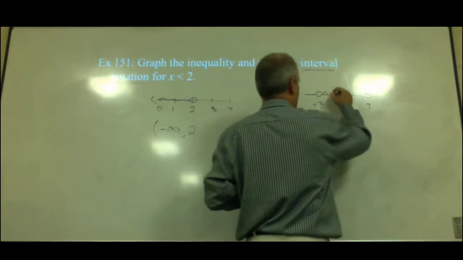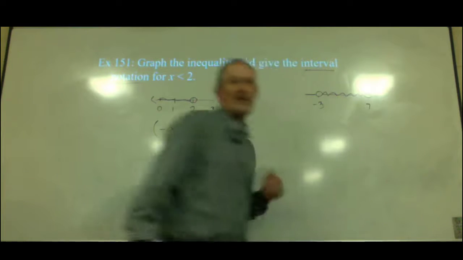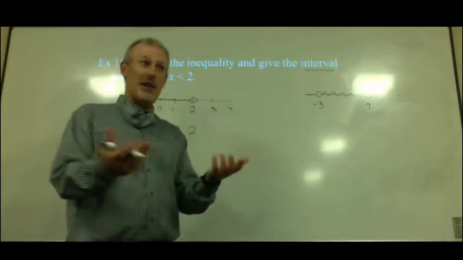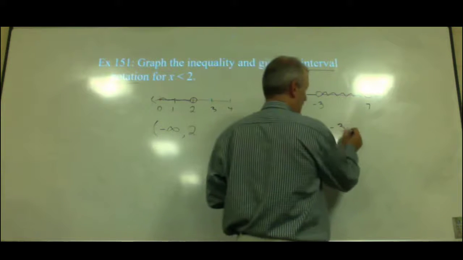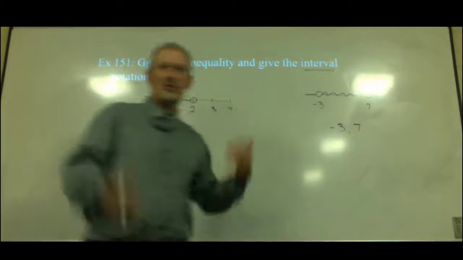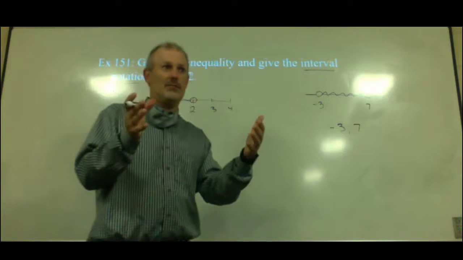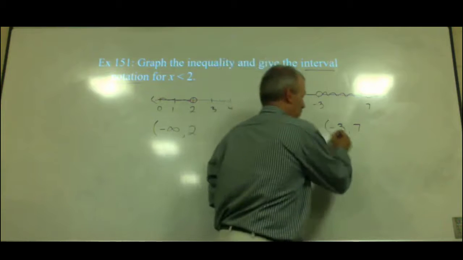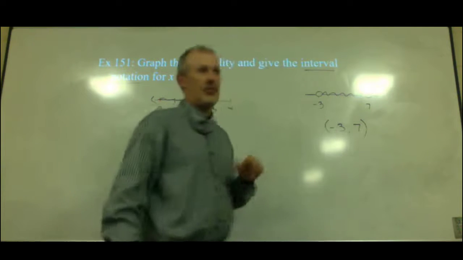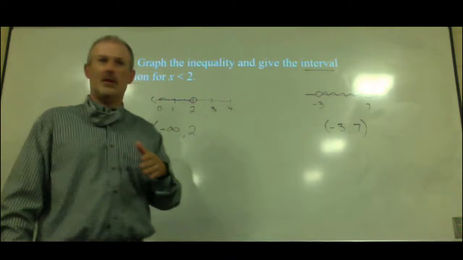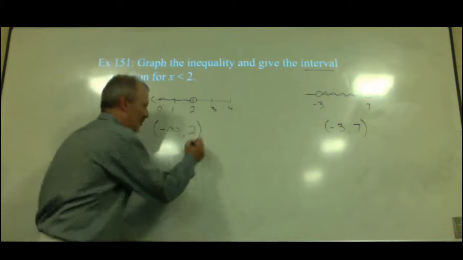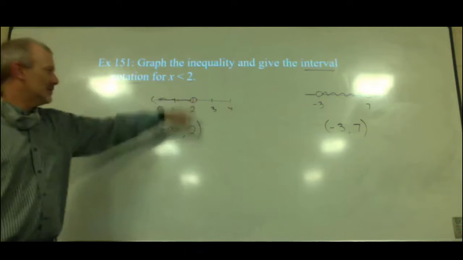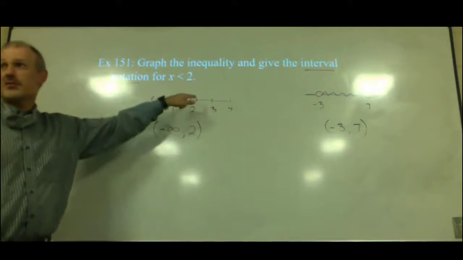And I want to talk about this area in between -3 and 7. I write down my 2 endpoints, which are -3, 7. Those are the 2 endpoints of my interval. And then because they're open circles, we put parentheses on them. Parentheses mean open circles.